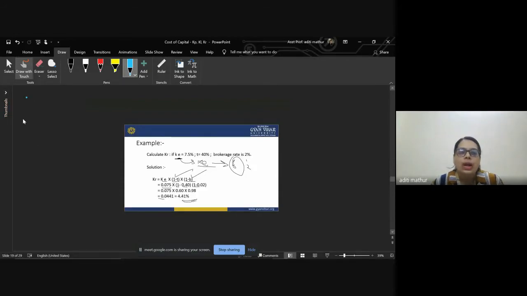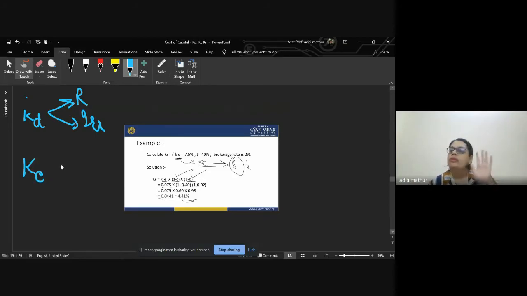We have understood how to calculate KD, both redeemable and irredeemable. We have learned how to calculate KE with the help of 6 formulas. We have also learned how to calculate KP, again in both cases, that is redeemable and irredeemable.